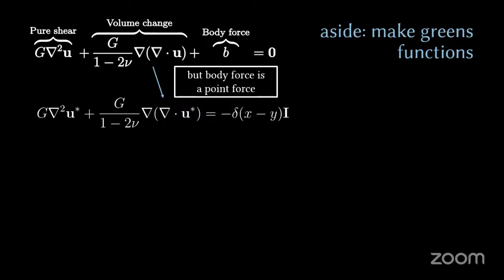If you remember, the delta function looks approximately like this: at one point it is pretty high, and it would look something like this, or whatever you pass in the delta function. But eventually, you just have a point force.